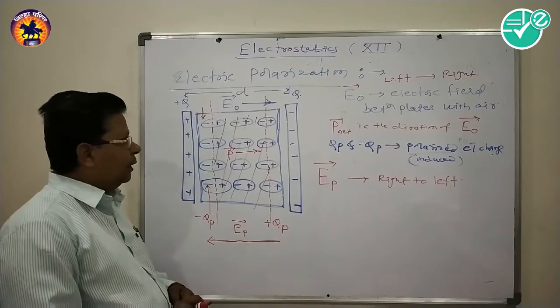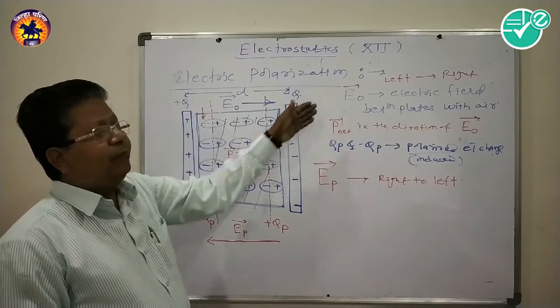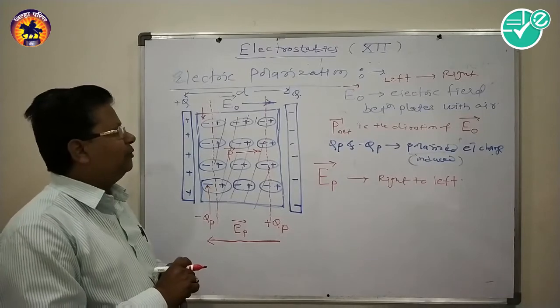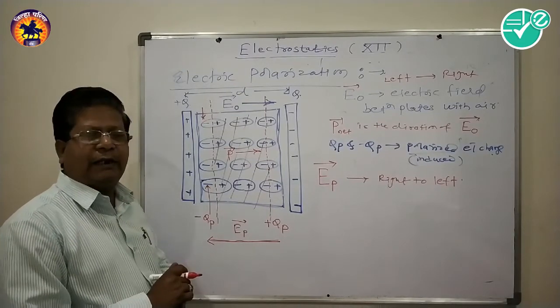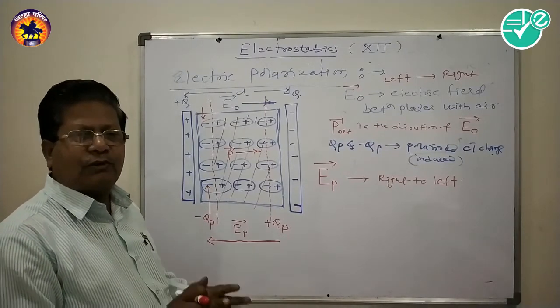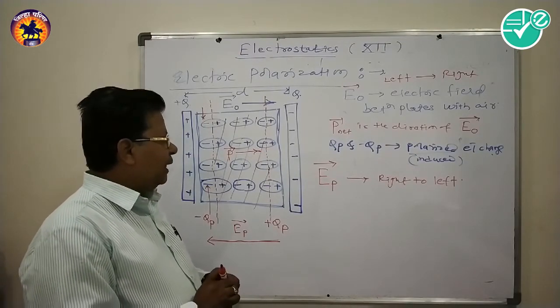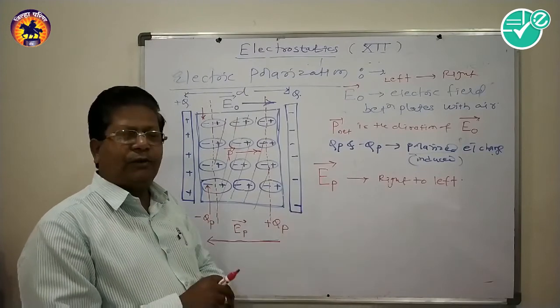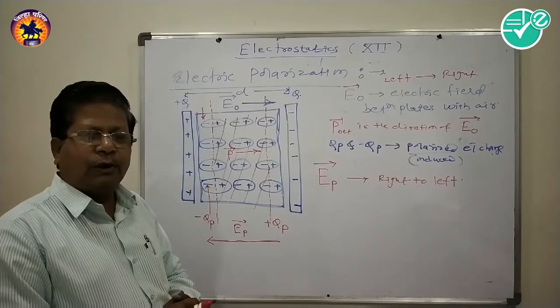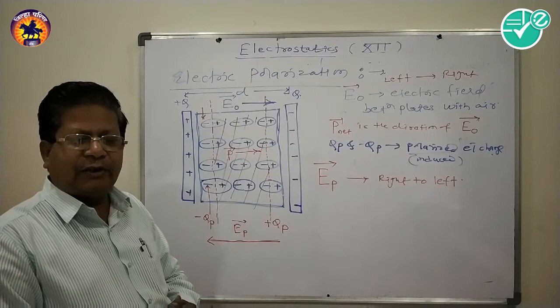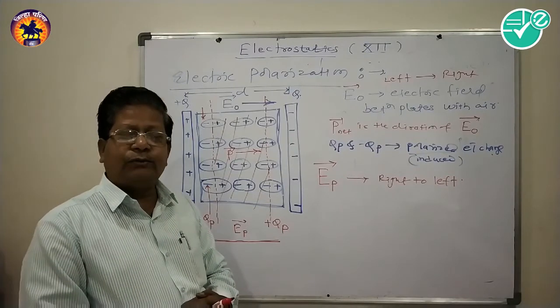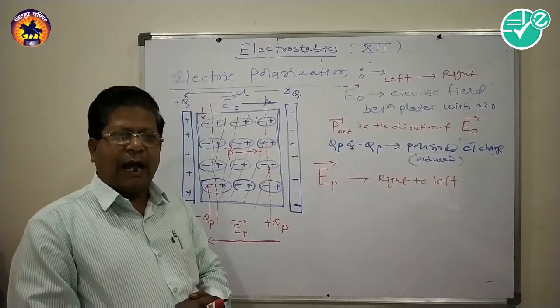Because of these two electric fields, the first one is E0, which is the original electric field in the absence of dielectric, and another electric field which is EP, which is produced due to polarized electric charges or induced electric charges.